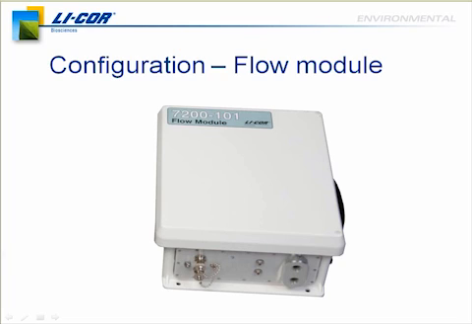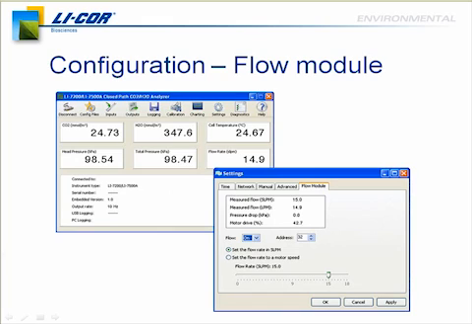It interfaces directly with the LI-7550. So again, the interface with the flow module is through the Windows application, and then it will also output data. So it outputs the flow rates, it outputs your diagnostic information, and everything else that you need straight into your data set with your LI-7200. So there's full integration with the system, and it just makes it very easy to use.